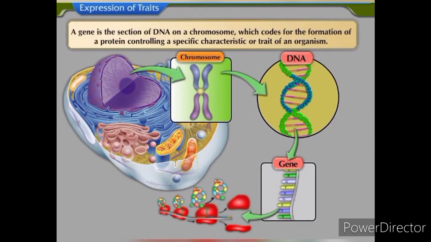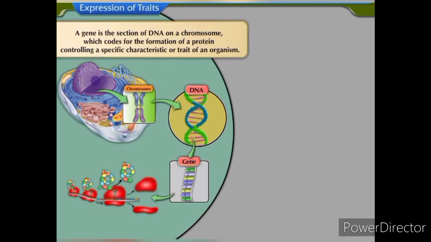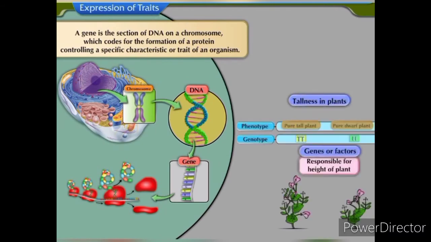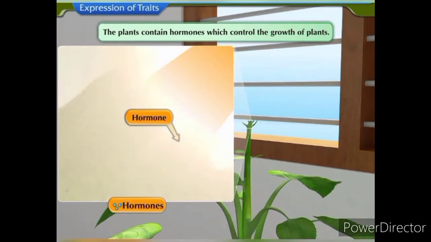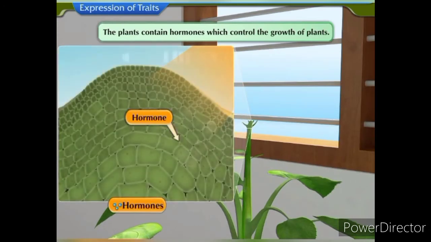A gene is the section of DNA on a chromosome which codes for the formation of a protein controlling a specific characteristic or trait of an organism. We will understand this with the help of a trait, for example, tallness in plants. The plants contain hormones which control the growth of plants.